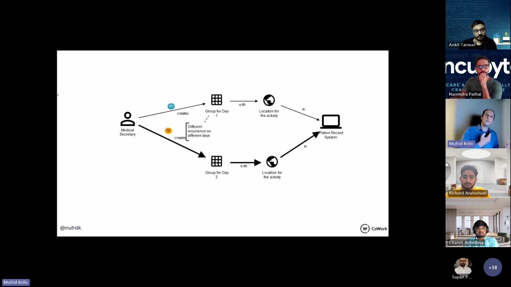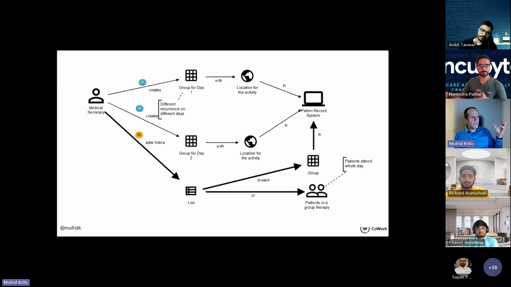So there is some kind of predictability here for the types of group sessions they are providing. They know that they will have one day with a certain recurrence, every second Monday, and they will have every second Thursday with a different schedule. And then, according to those different recurrences, they will add a list of patients to each group, and the patients will attend the whole day. So patients will meet every second Monday and every second Thursday.